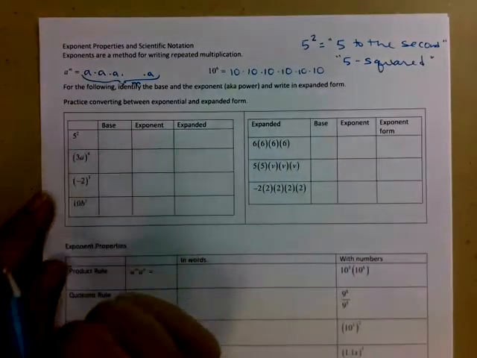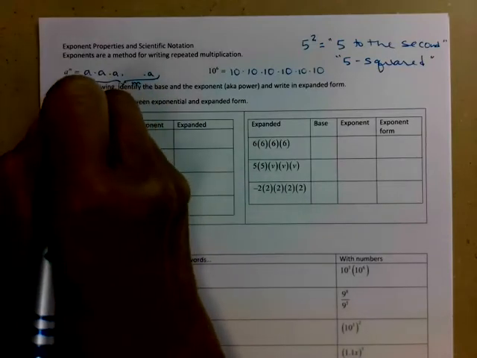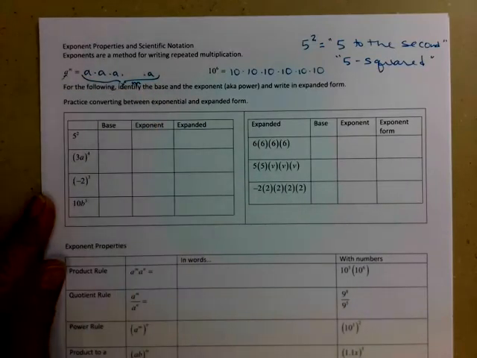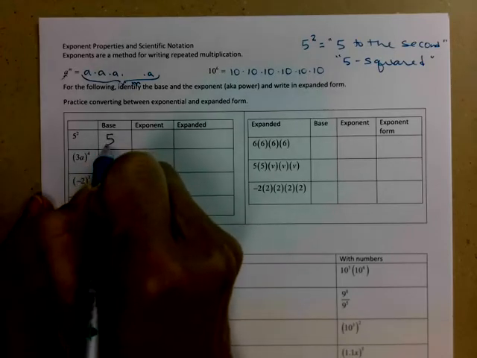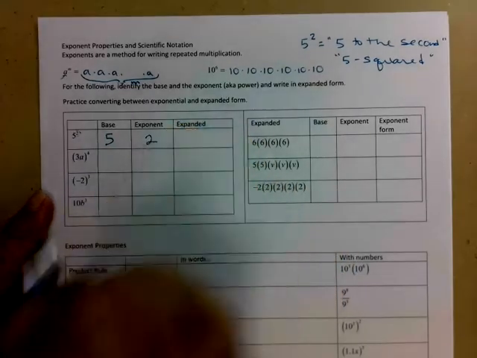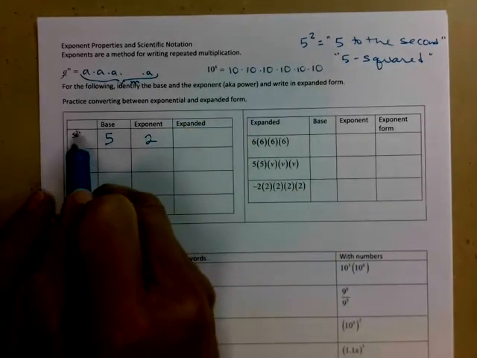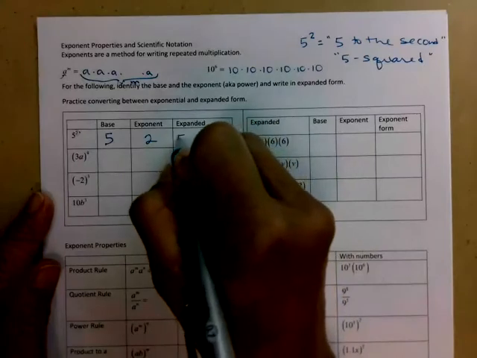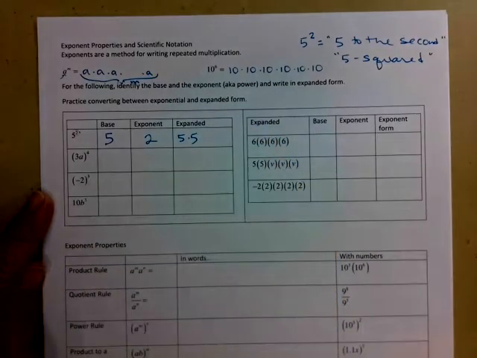The base is the bottom number, the number that keeps getting repeated. So the base is 5, and the exponent is the little number, the 2. So 5 to the 2nd power, expanded out, is 5 times 5.